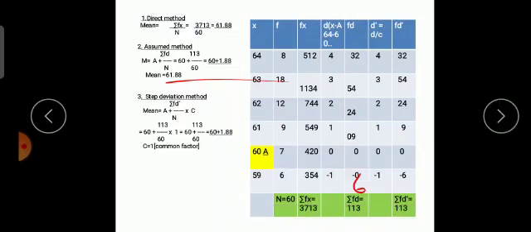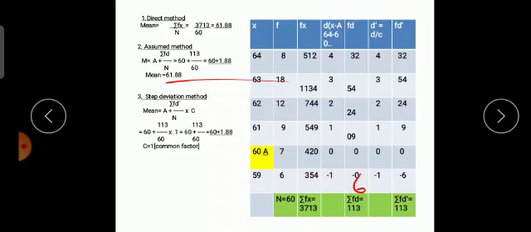Then we need to find fd, that is you will multiply the f column with the d column, that is 8 into 4 you get 32, 18 into 3, 54, 12 into 2, 24, 9 into 1, 9, 7 into 0 is 0, 6 into minus 1, here it is minus 6.